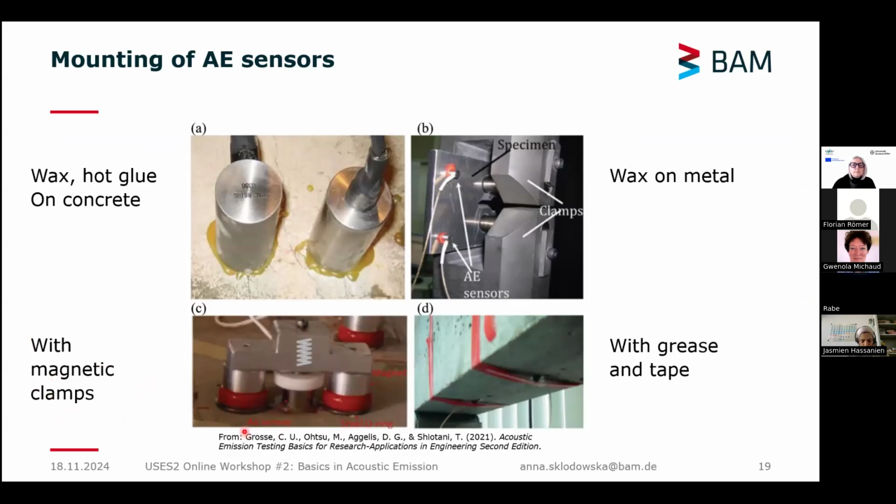So you have magnetic clamps, the sensor is in the middle, and it's pressed to the surface by a spring. Or, if we have a beam or something that we can wrap around, we can also use a tape and some kind of grease on the connection between the sensor and the surface.